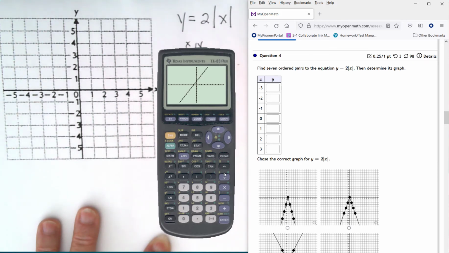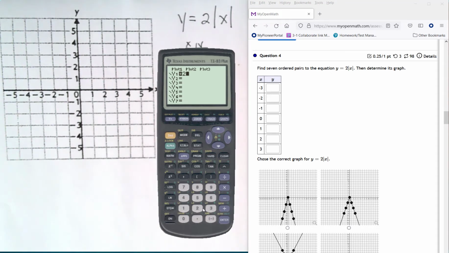All right, so on our calculator, we are going to clear. We're going to y equals. We'll clear that out. Right, and I'm going to enter this. So I'm going to do 2. And if I put it right beside something, that means multiplication. So I need absolute value.